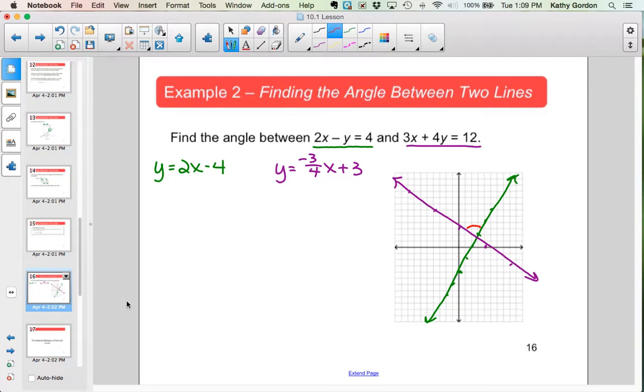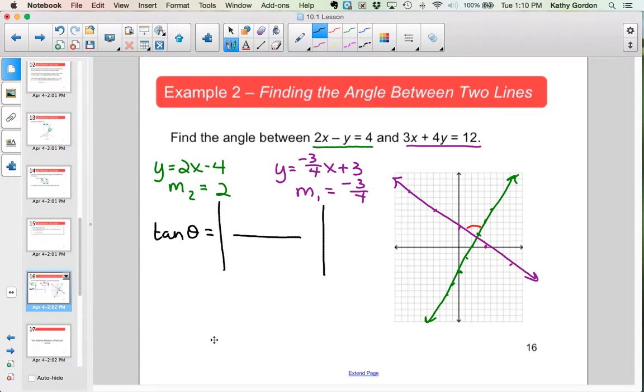Okay? All right, so now to actually tell that angle, I'm going to call this one slope of line 2, which is what? 2. And I'm going to call this one the slope of line 1, which is what? Negative 3/4. Okay? So, tangent of theta equals absolute value of what?